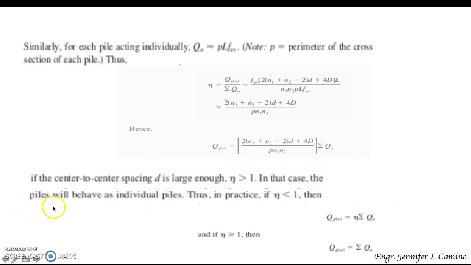In that case, the piles will behave as individual piles. So in practice, if eta is smaller than 1, then our value for Q sub G is equal to this expression. When eta is greater than or equal to 1, our Q sub G is equal to this equation.